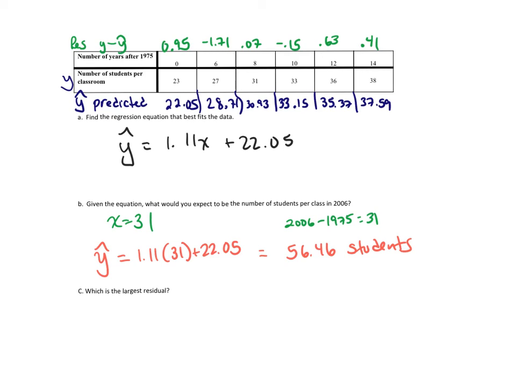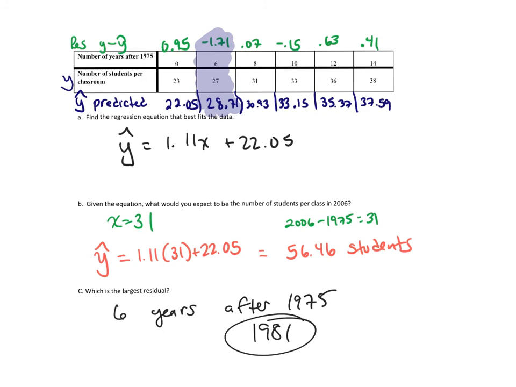It's the one farthest away from 0. So this is actually my biggest residual, because the predicted value is 1.71 higher than the actual value, or the actual value is 1.71 lower. So this would be 6 years after 1975, which would be 1981 if you actually want the actual year.